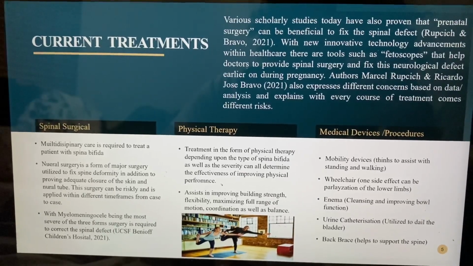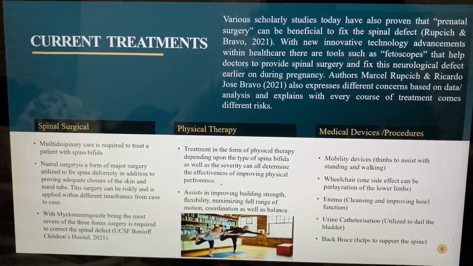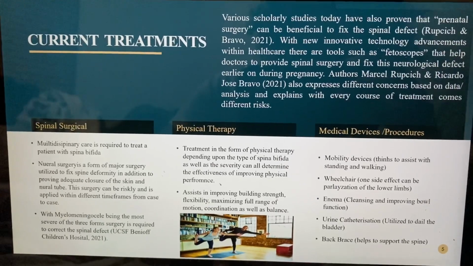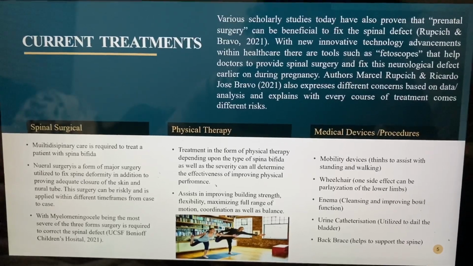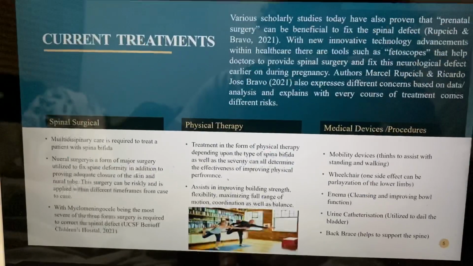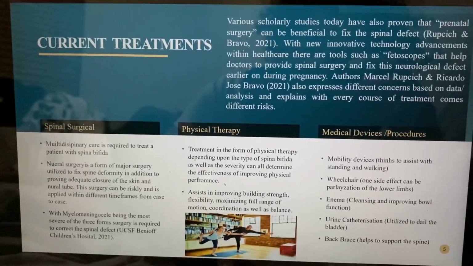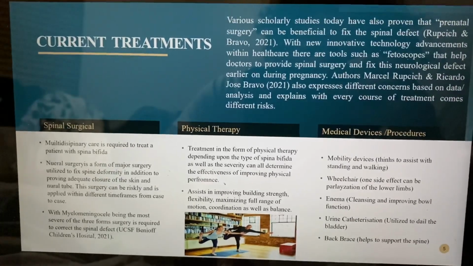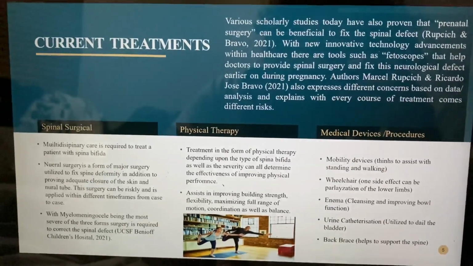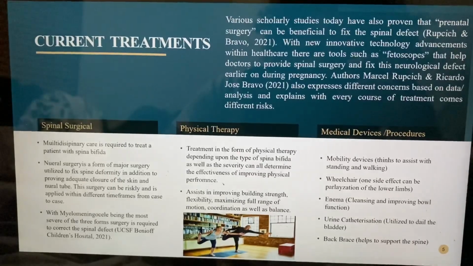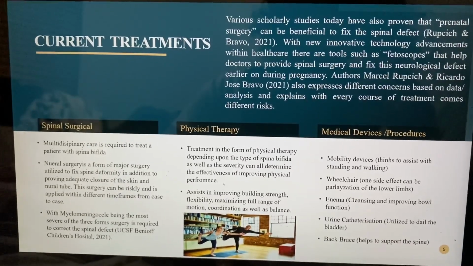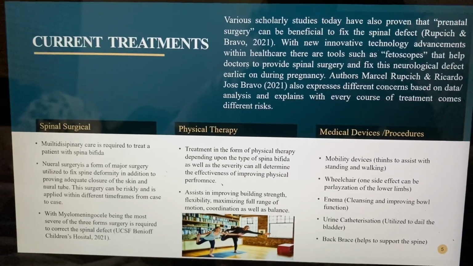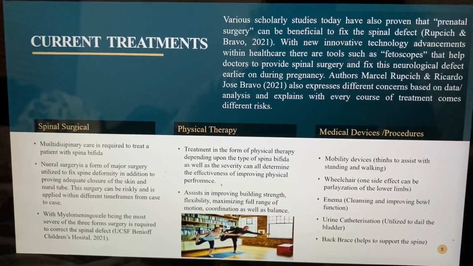The current treatments are very important to be aware of as well within your journey of struggling with spina bifida. Various studies have shown that innovative technology has helped with improving function and decreasing the severity of symptoms, and the first aspect that we would go to would be spinal surgery.